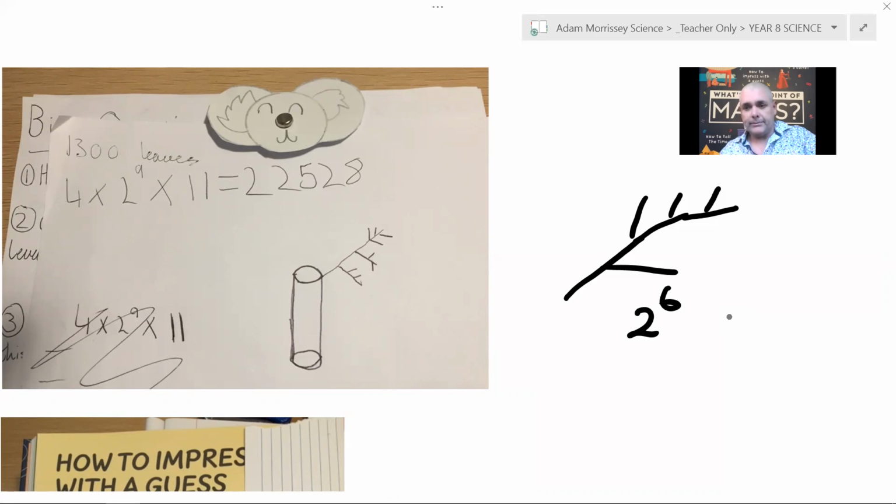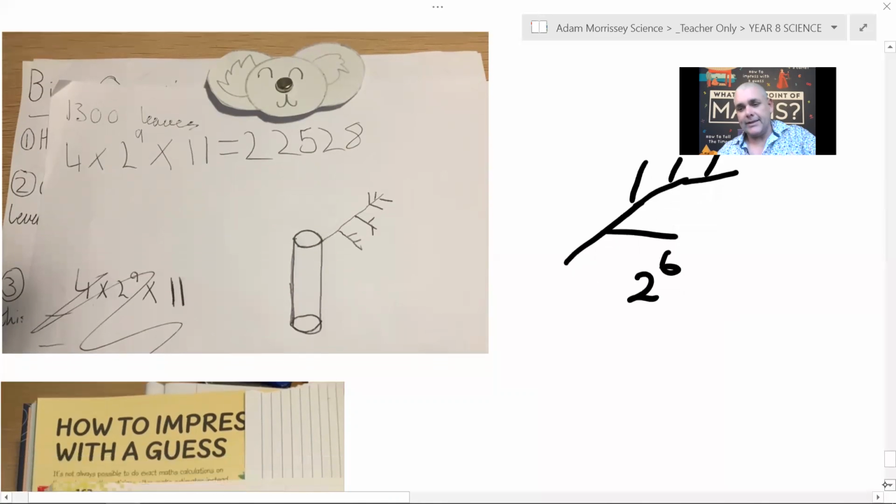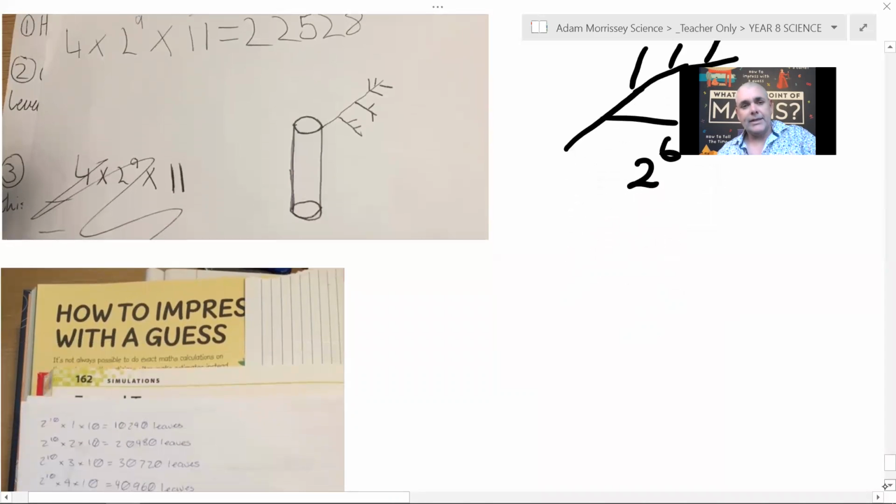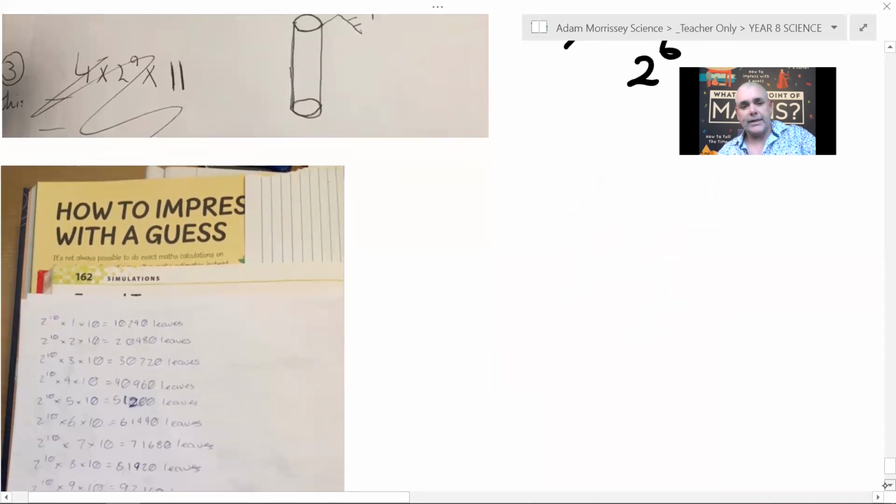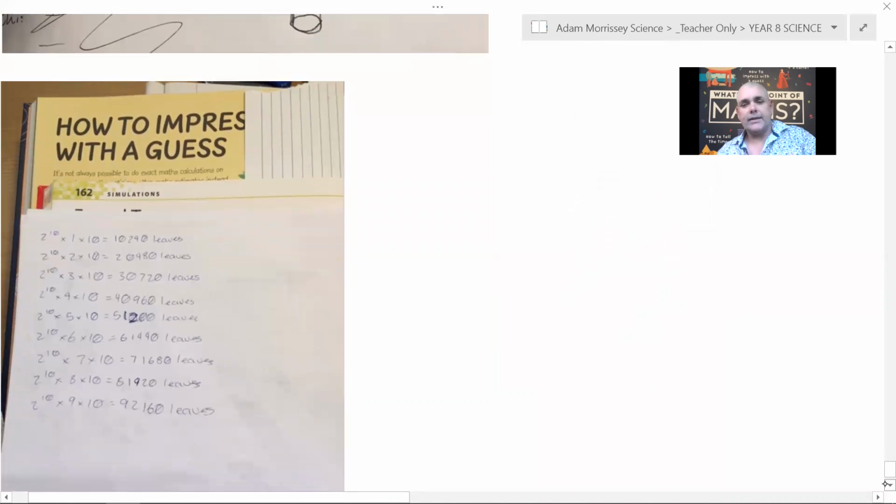So it's a messy situation, and even though there's no leaves on the tree, we can sort of model it, and we know that we may not be right, but that's not important. We may not be right on the exact number of leaves.